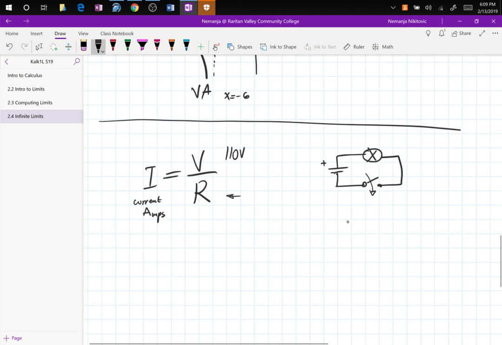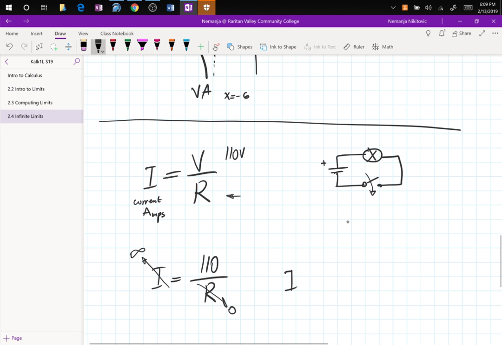Now, what is going on now? When you have your current as 110 over the resistance, and you send resistance to 0, where is current going to go? Well, current is going to go to infinity, which is what we just studied in the limit.